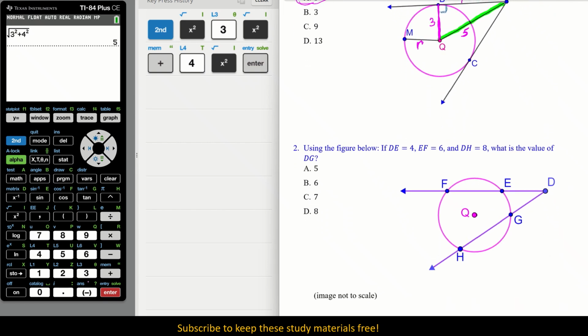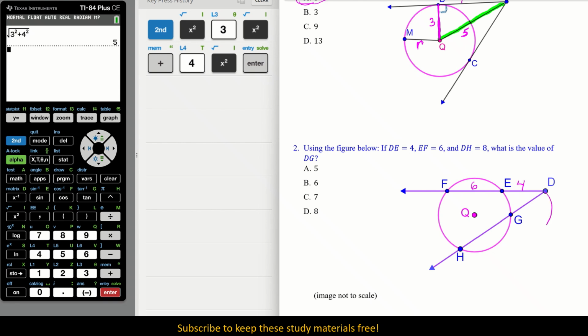Okay, we have a little note down there for number 2 that says images not to scale. I don't think it matters. Let's read this. Using the figure below, if DE is 4, EF is 6, and DH is 8.